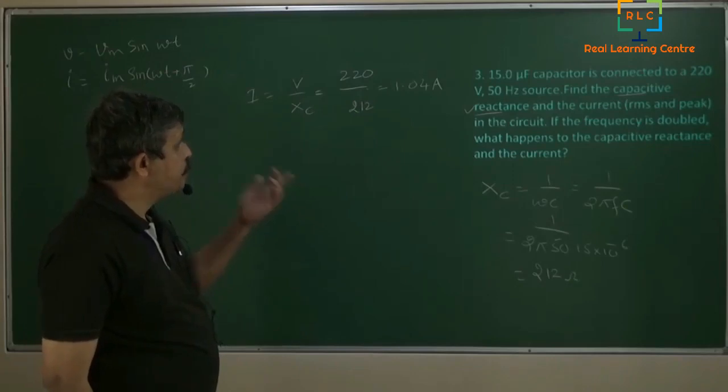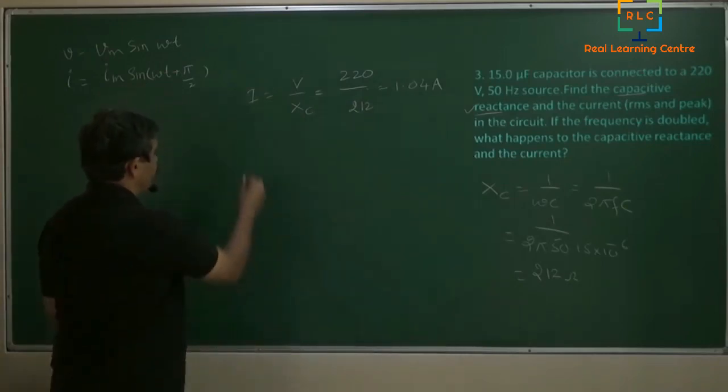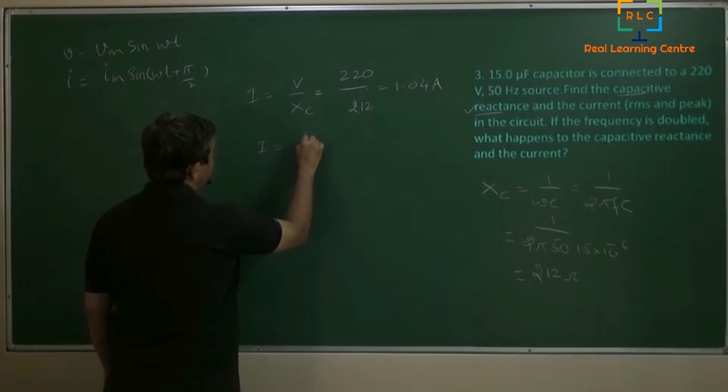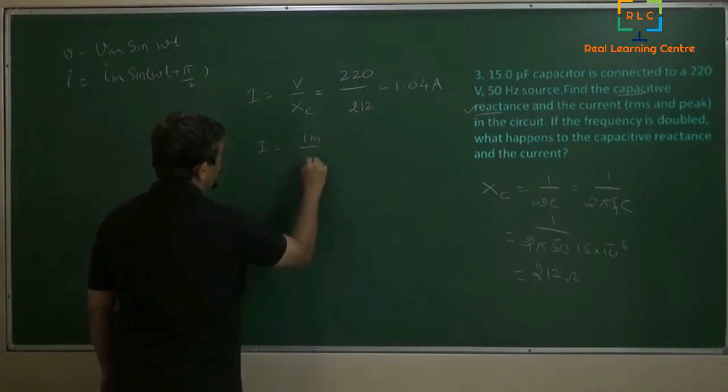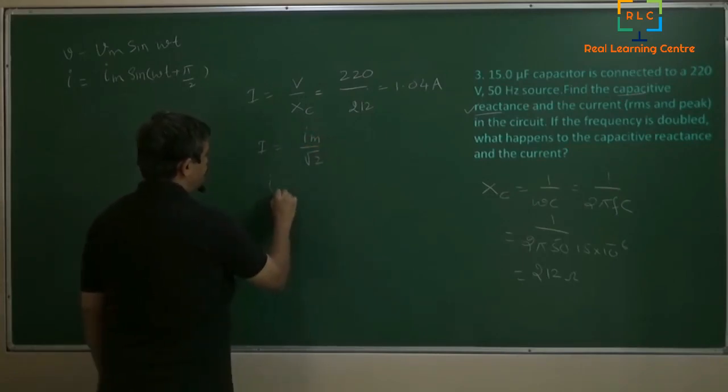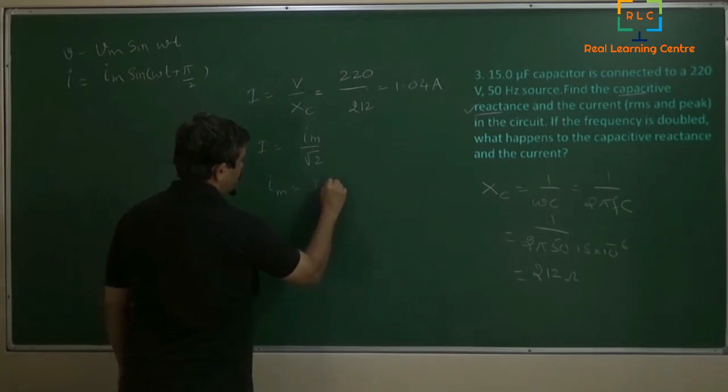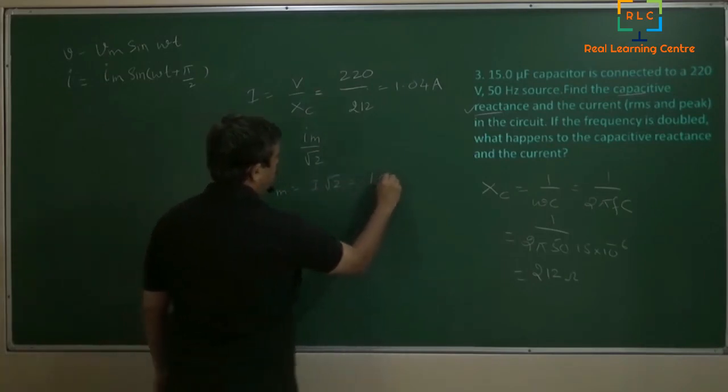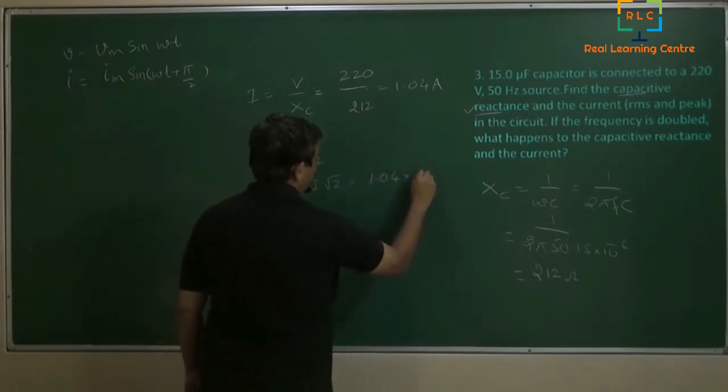Now they have also asked us to calculate the peak value, that is I max. So we have this formula: I is equal to I max by root 2, or I max is equal to I into root 2, which is 1.04 into root 2.